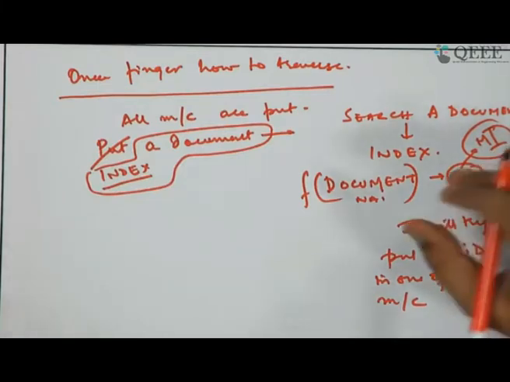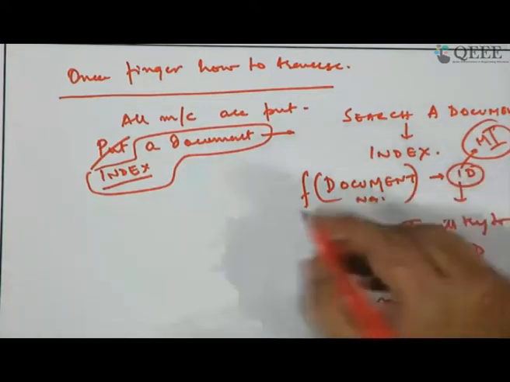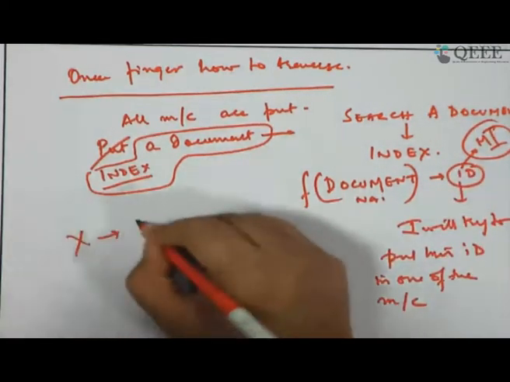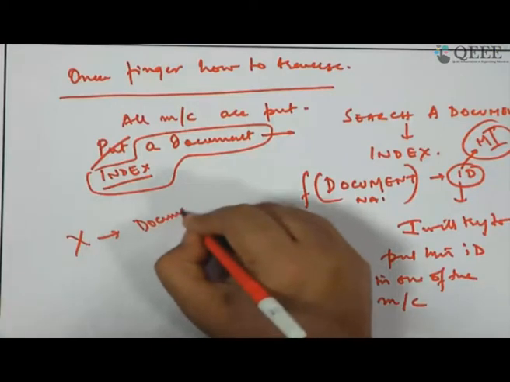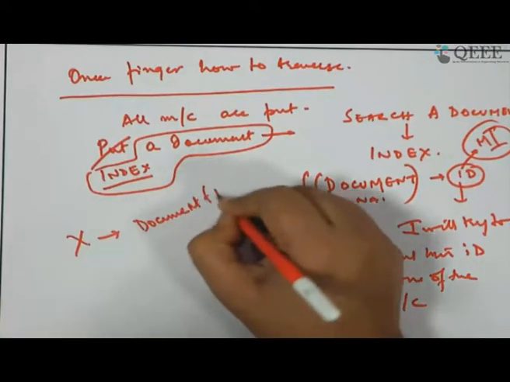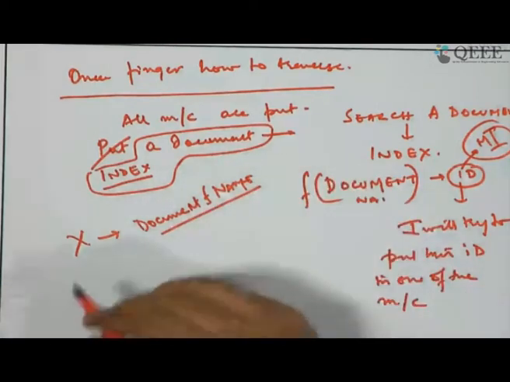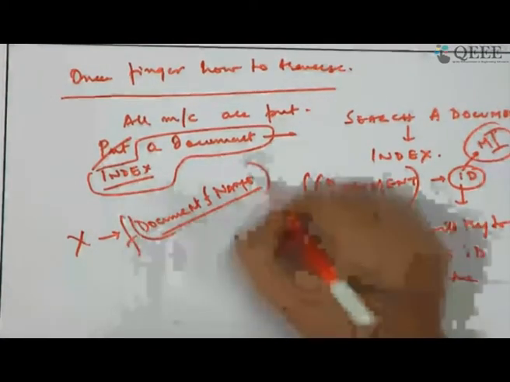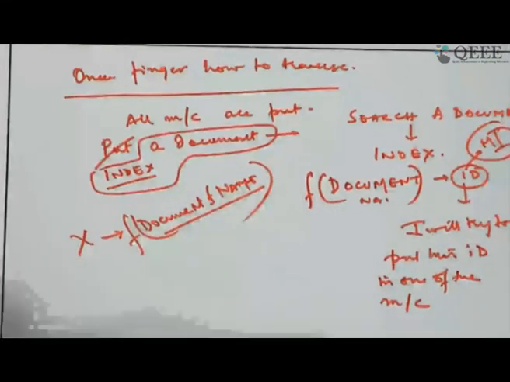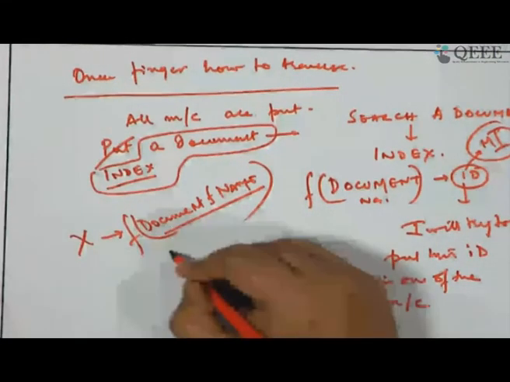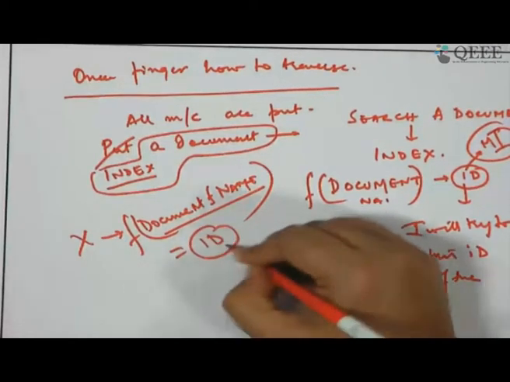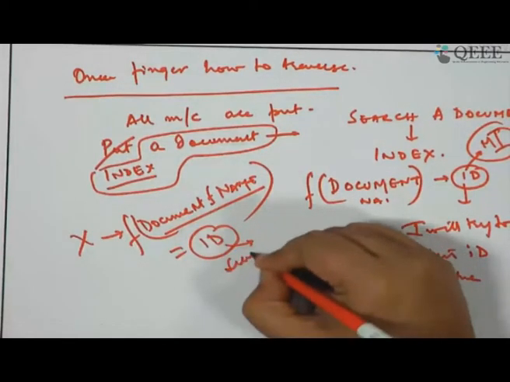So now see, during search time what will happen? Somebody X comes with a document name, the same document name. Okay. During search, some X will come with the same document name, and the system does a hashing and gets an ID, and then the system searches for this ID.